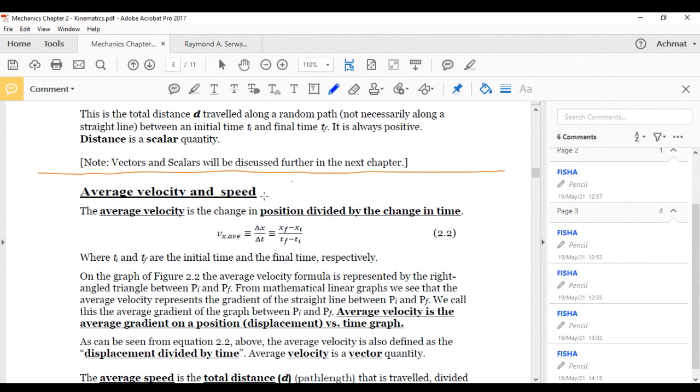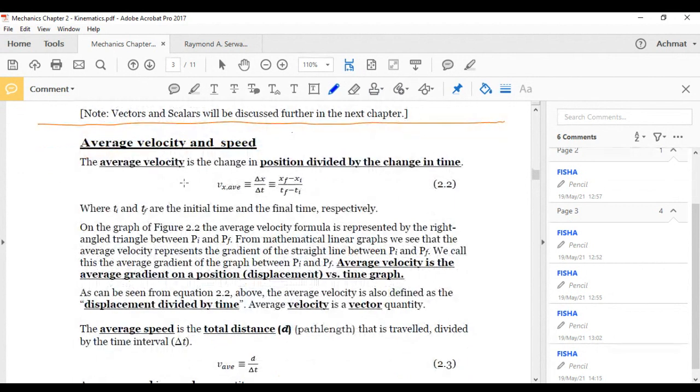Okay, so as a definition, you can see here average velocity is the change in position divided by the change in time. Right, so you have the Vx av for average, and you can see the velocity, but we have x there.